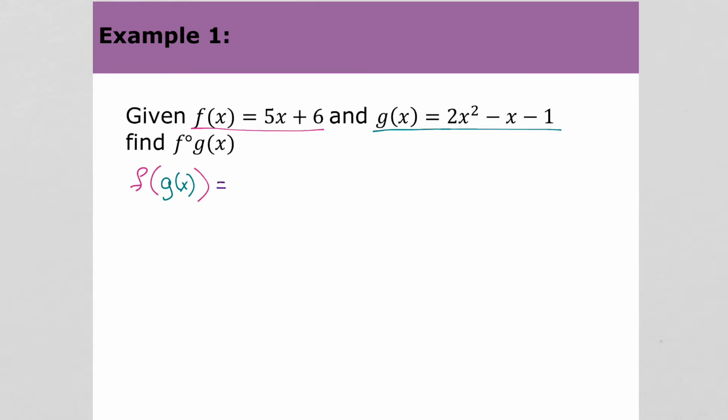So we have f of, and I write it like this so it's a little bit easier to see, g of x. So g of x was 2x squared minus x minus 1. And so what we do is we take f of x, and everywhere we see an x, we plug in g of x.